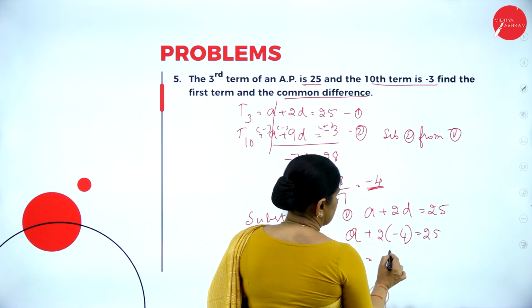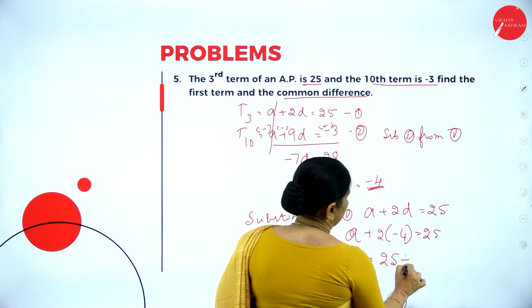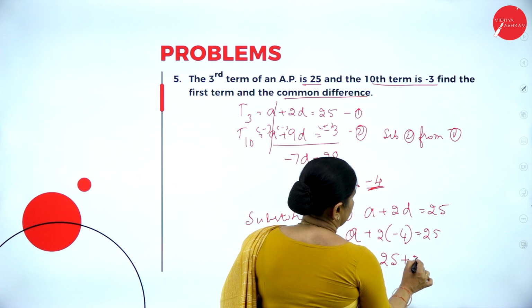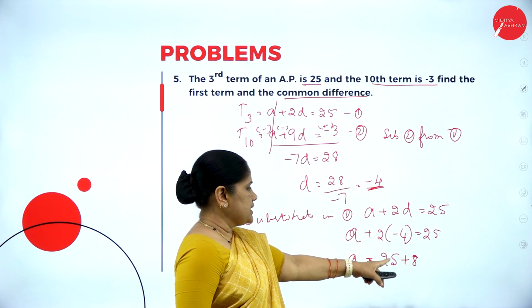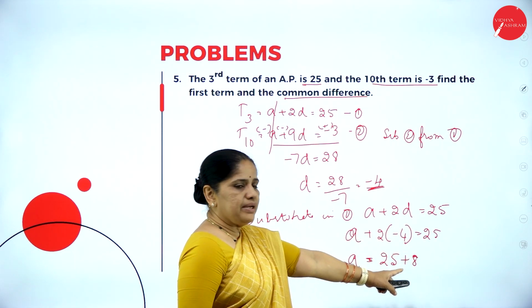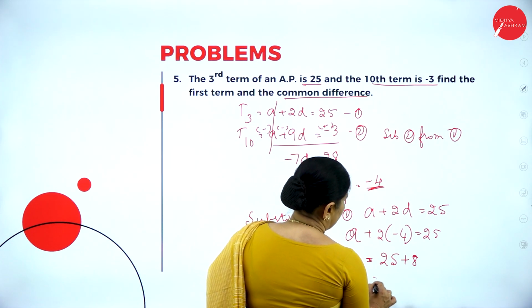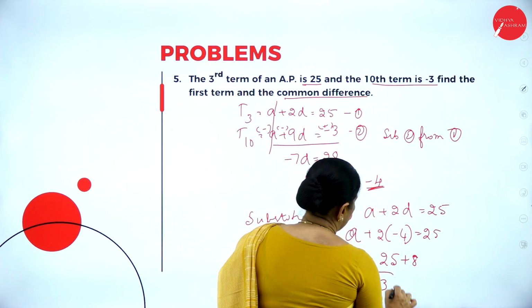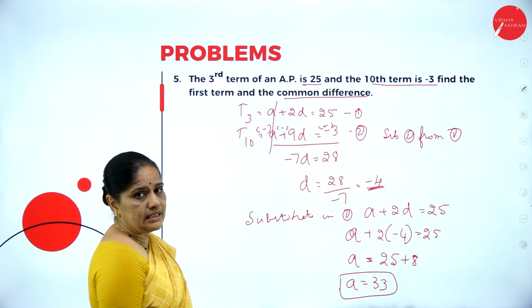A equals 25 plus 8. So 4 into 2 is minus 8. Minus 8 we take to the other side of the equation. It becomes plus 8. So A equals 25 plus 8 or A equals 33. So that is the answer.